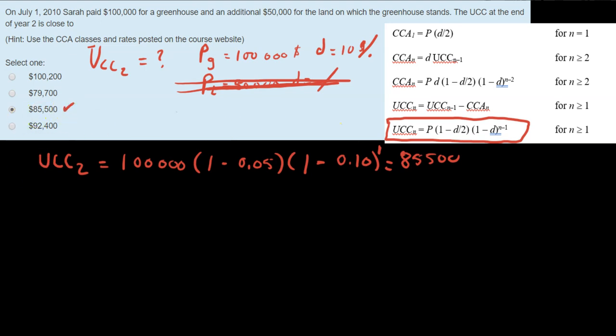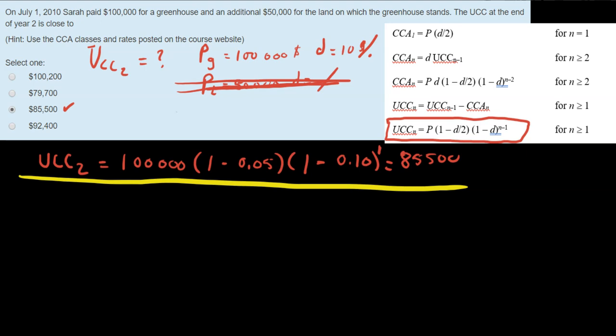I just want to quickly show you guys the way we use in the last column, that it gives you the same result. Let's do it right here. So CCA1, according to the charts, is 100,000 multiplied by D over 2, so 5%, 0.05.